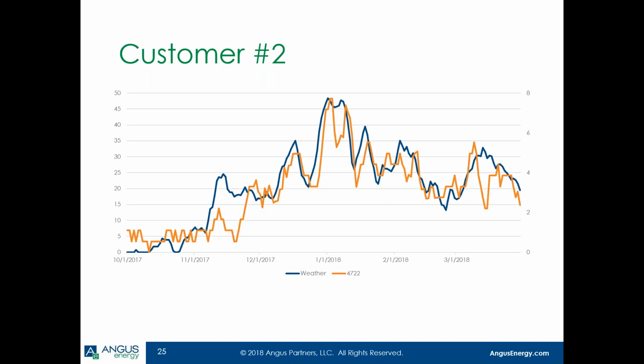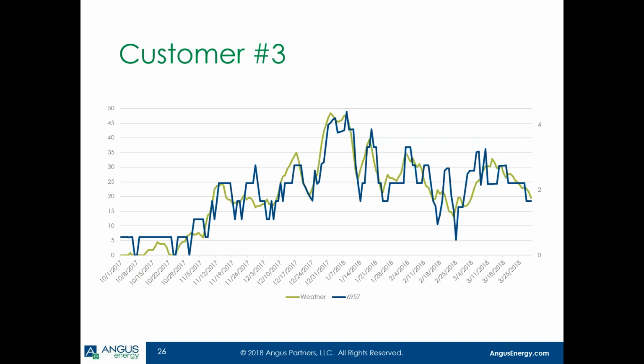Again, we're looking at customer number 2. November seemed to be a lower amount. This customer in January, for some reason, even though it was so cold, took a lot less gallons. Why? We don't know, but this is the actual consumption from customer 2. Here's customer 3, actually looked pretty good. Again, some issues in October, but basically matched well.